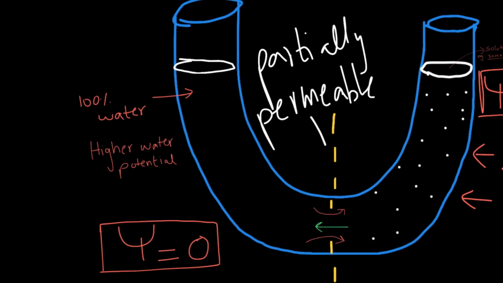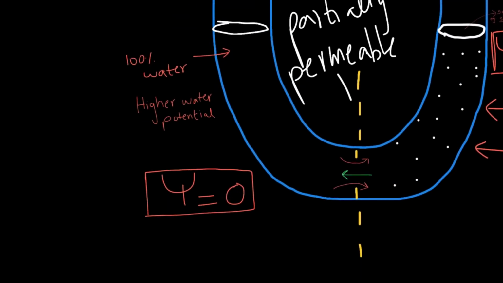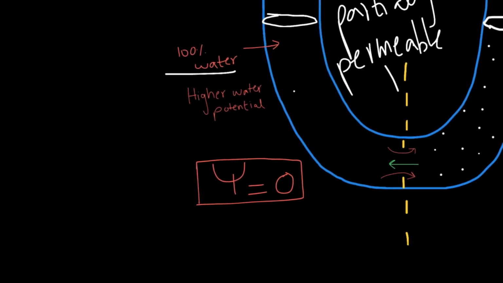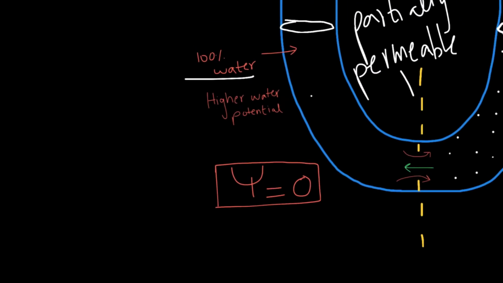Over here, if you see, it's 100% water. There is no solute mix. It's pure, completely. So it has a higher water potential than the region where there is a lot of solute mixed. As I stated, the highest value of water potential can be 0.